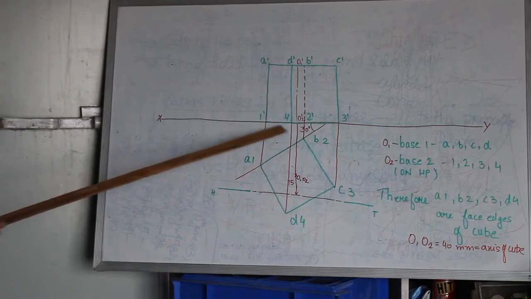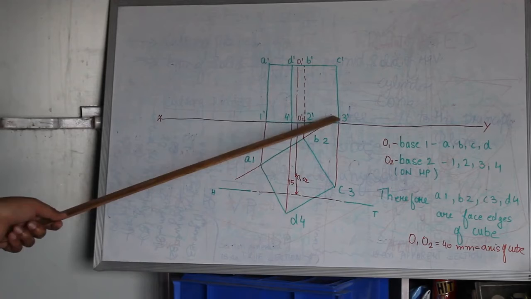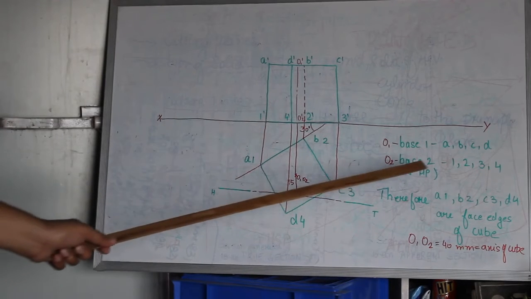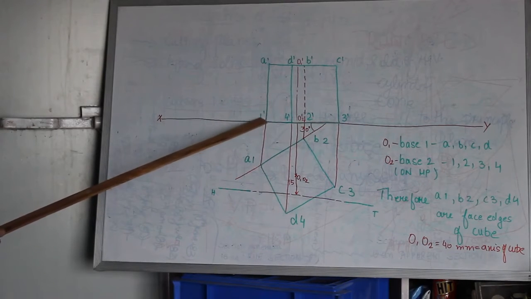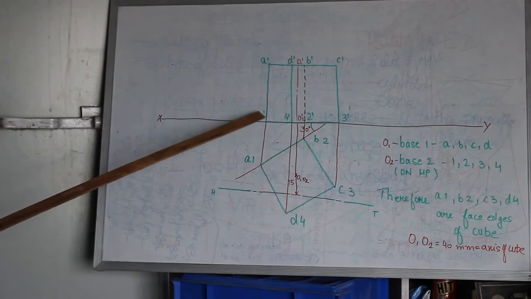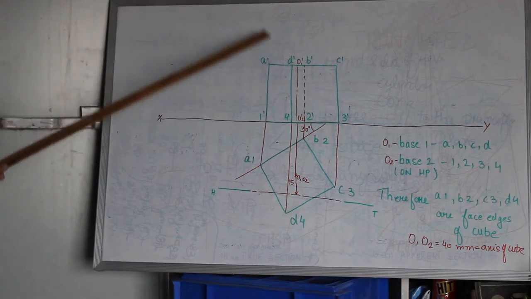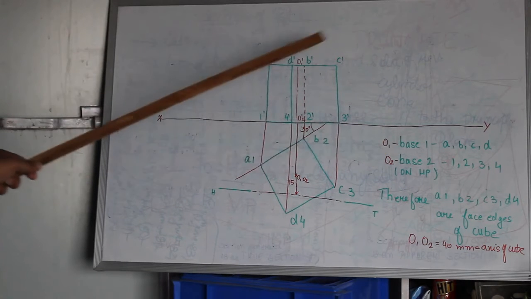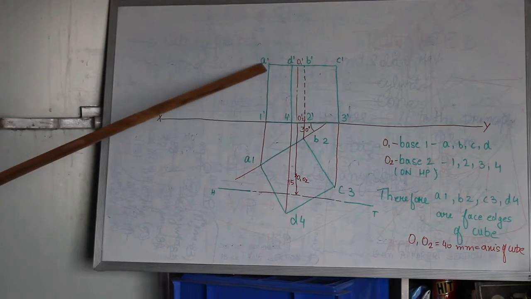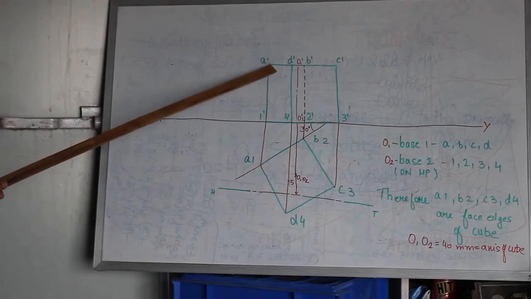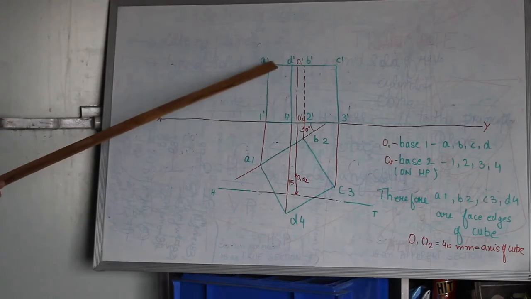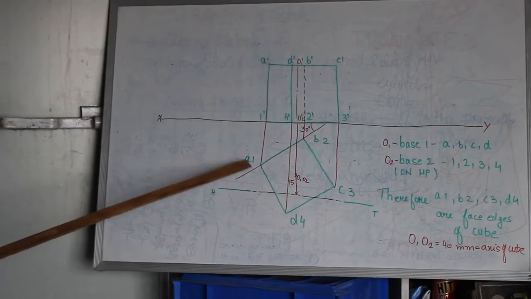The base is resting on HP, so I've taken base 2, which is 1 2 3 4 on HP, and it is now shown by 1 dash 4 dash 2 dash and 3 dash on the reference line. And then base 1 with center O1 is marked as A B C D and is shown in the front view as these points A dash, D dash, B dash and C dash.